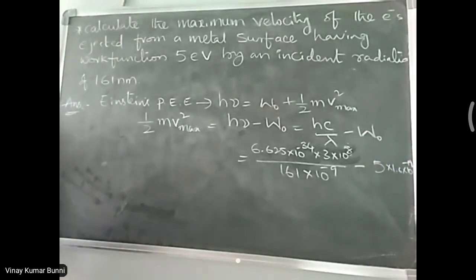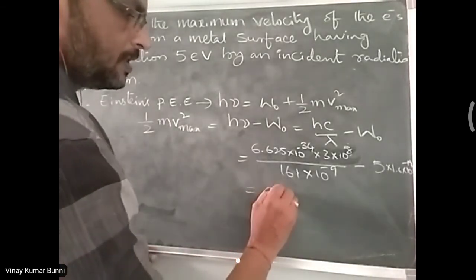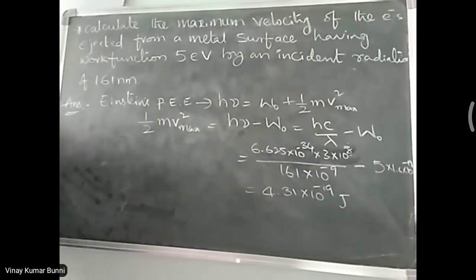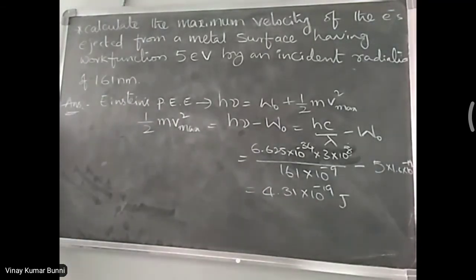So after simplification you will get the value as 4.31 into 10 power minus 19 joules.